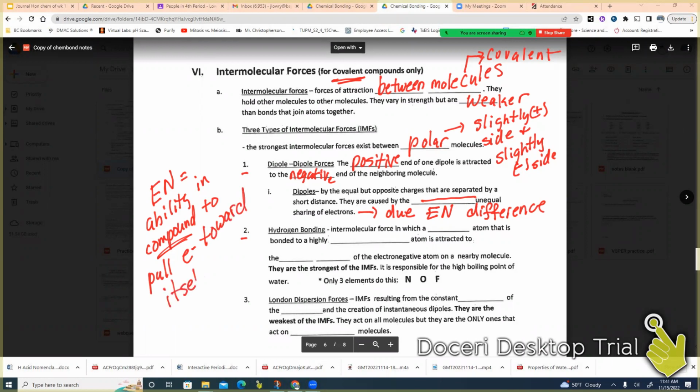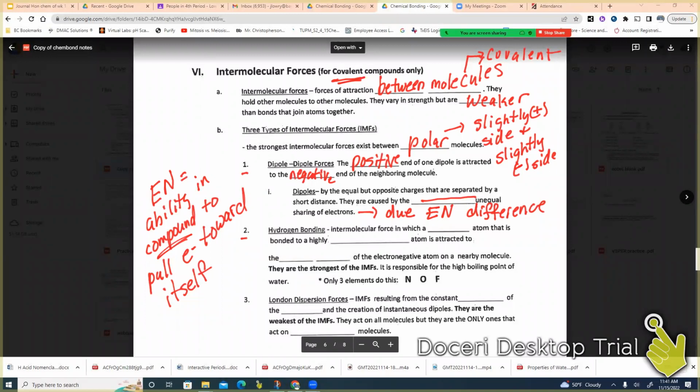So once again, in water, I keep on using that because it's so common, the oxygen is much more electronegative than the hydrogen, so those electrons are shifted toward it, and that's what makes it a polar molecule.